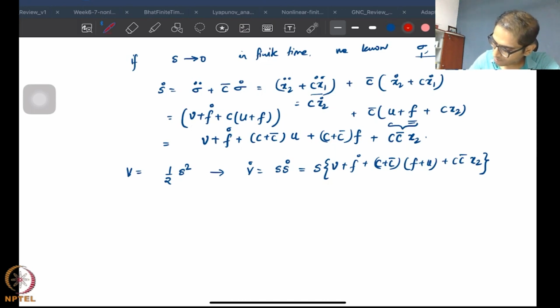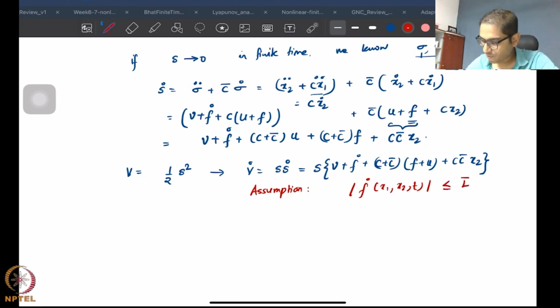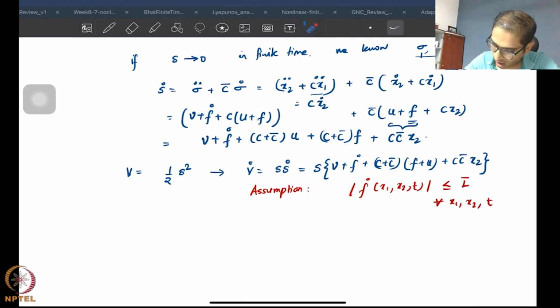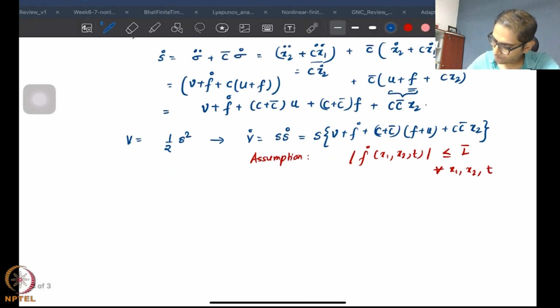Because we already have an assumption on the uniform boundedness of f, we make a similar assumption on the uniform boundedness of f dot, which is true for all x1, x2, t.